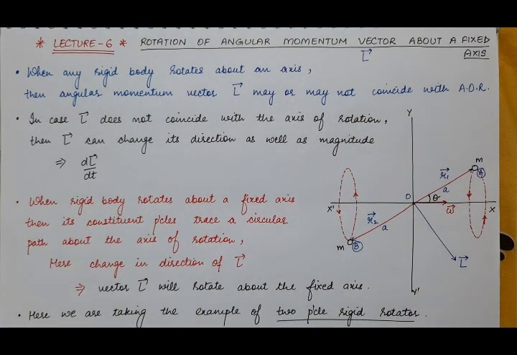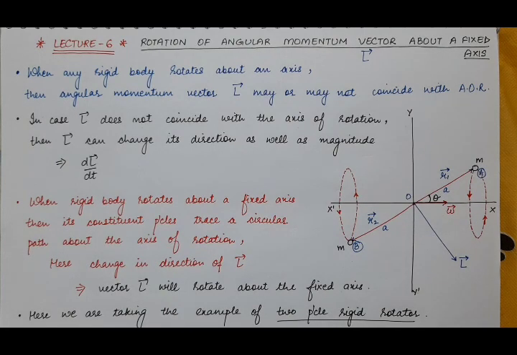We know that when any rigid body rotates about a fixed axis of rotation, then the rigid body has a large number of particles in it. So its constituent particles trace circular paths about that axis of rotation. And here we are discussing the case of change in the direction of L vector.